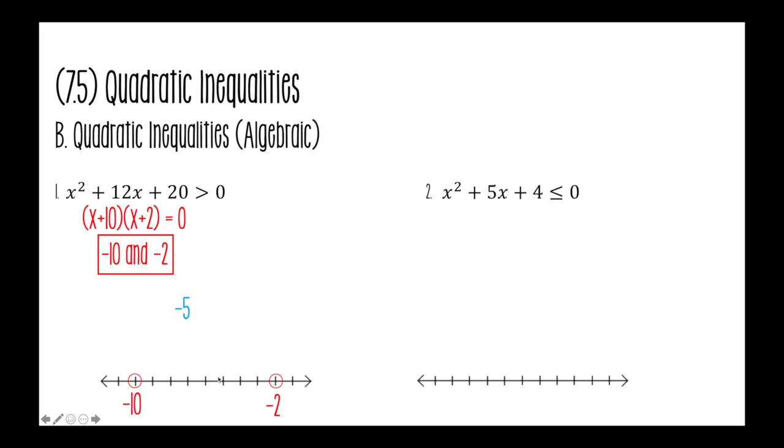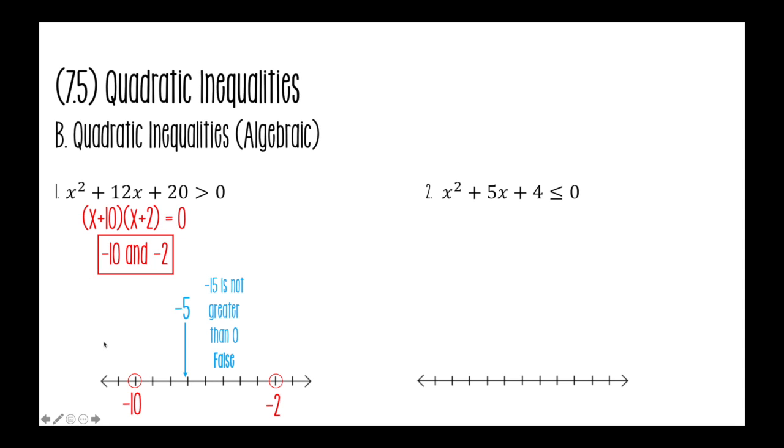If I start with the middle section here, I picked -5, but again, you could test -3, -4, -5, -6, anything between these two values, but not including those values. If I plug that in here, I've got -5 squared, which is 25, minus 60 plus 20. That is going to give me -15. So my statement would read then, -15 is greater than 0, and that is false, which means I'm not going to be able to shade or connect that section.